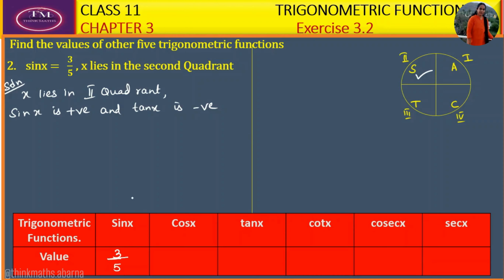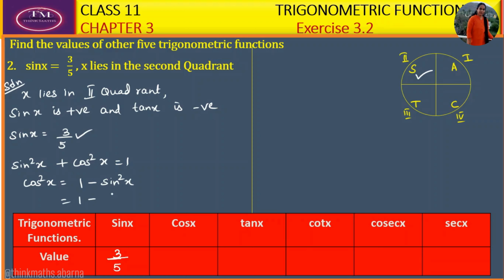Now we will use sin square x plus cos square x equal to 1 and we will find cos x. Sin x equal to 3 by 5 is given. We will find cos square x. Sin square x plus cos square x equal to 1, so cos square x is equal to 1 minus sin square x.